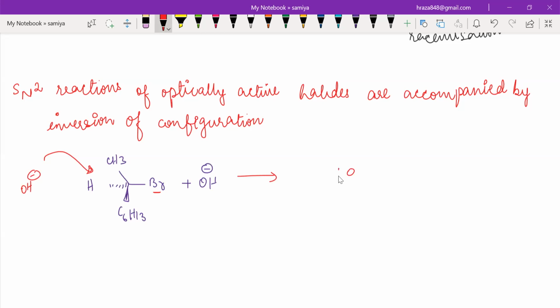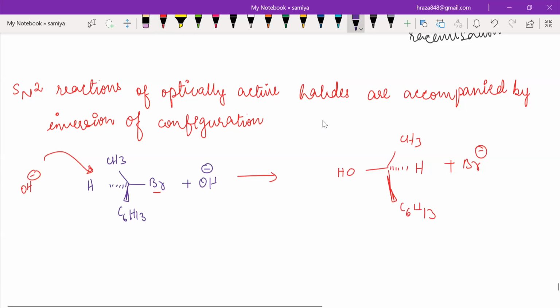So the bond formed will be like this, and you can see the configuration changes. Left appearing right, right appearing left. C6H13 and Br minus will be. So basically you have to keep in mind that SN2 is accompanied by inversion of configuration.